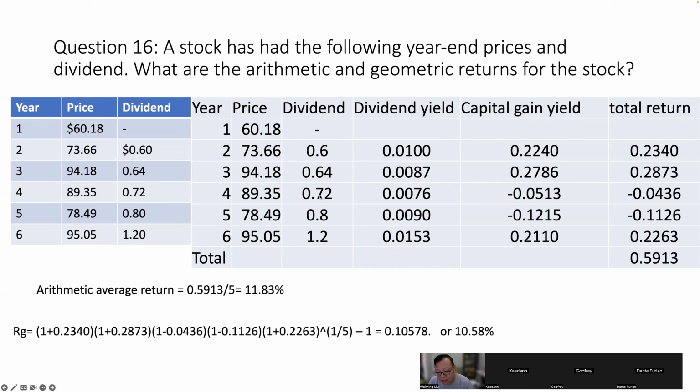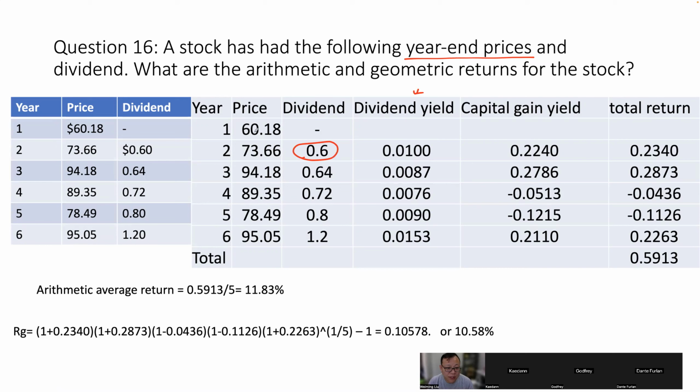So you calculate the dividend yield. Dividend yield equals this year's dividend divided by the opening price of the year. These prices provided are year-end prices.